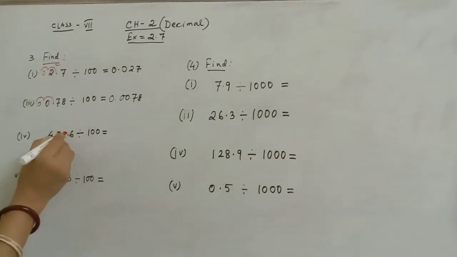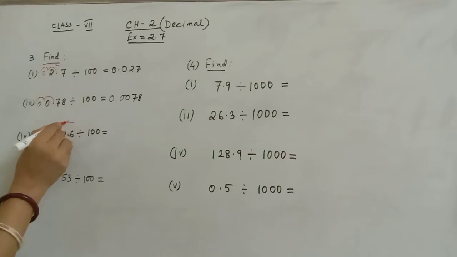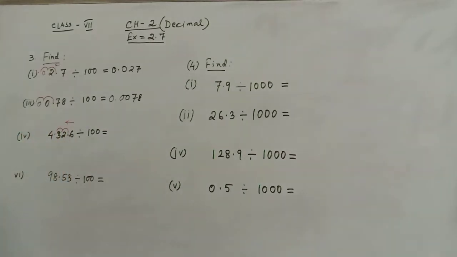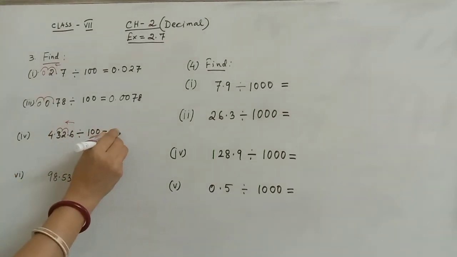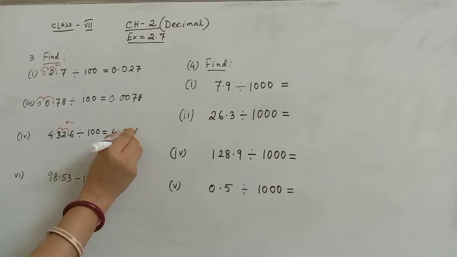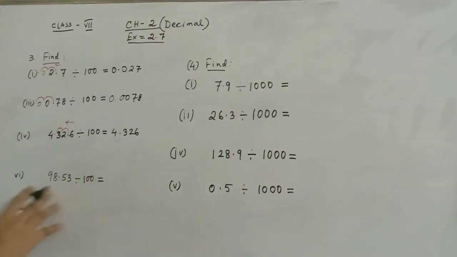432.6 by 100. From here the point will move left side 1, 2. In this place the point will occupy now. Now we have to place the point here, so 4.326. In this sum, the number is 98.53.